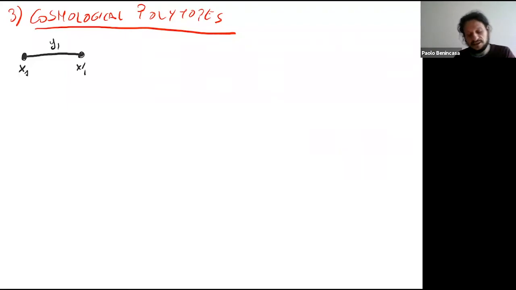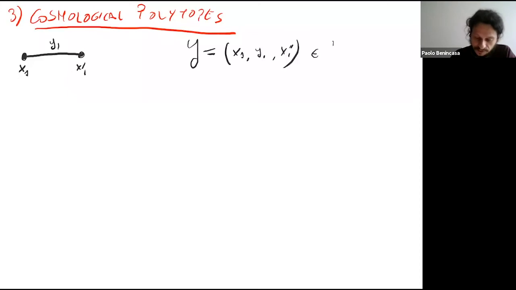Now, if I take this graph, I can define a space which I call big Y, which is given by the set of energies x1, y1, x1 prime. These are vectors in R3 that then you have to project, to define the equivalence class, to be in projective space. So this is in principle P2.